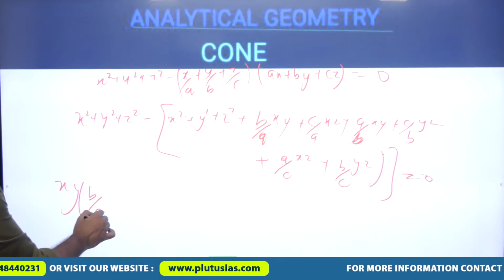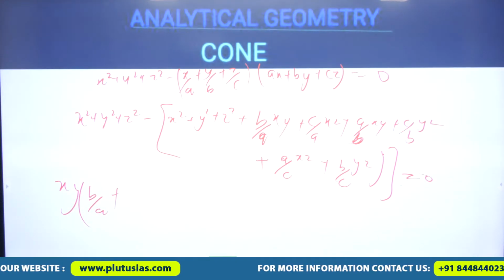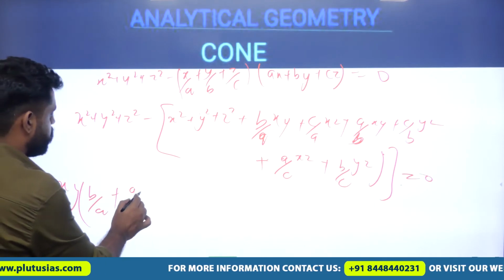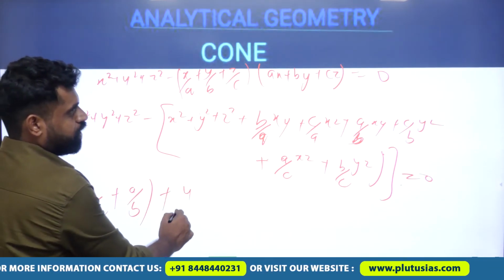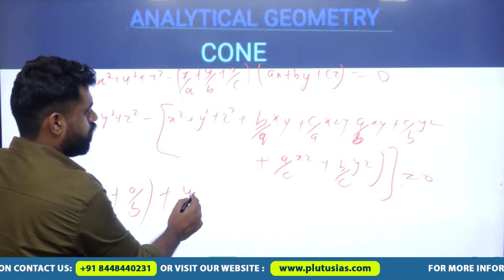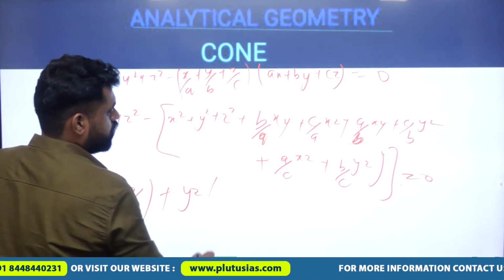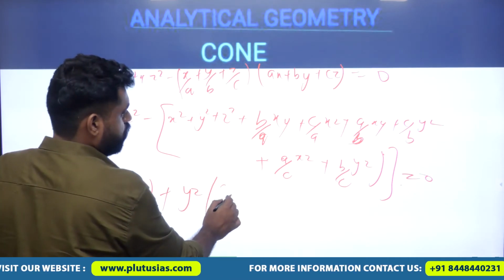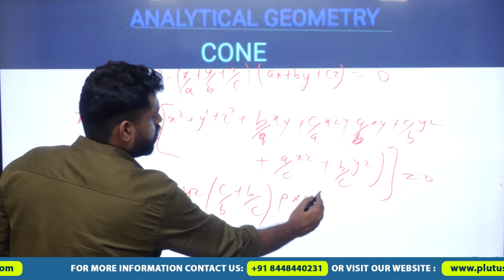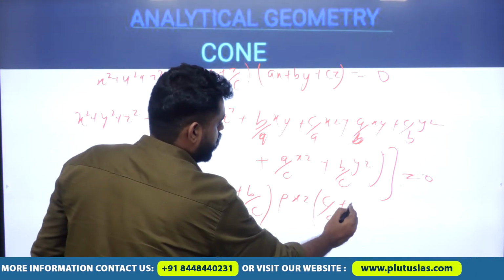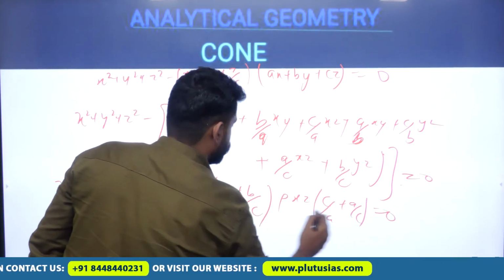We have b upon a plus a upon b, plus, if I take yz here, c upon b plus b upon c, plus xz, c upon a plus a upon c, equal to 0.